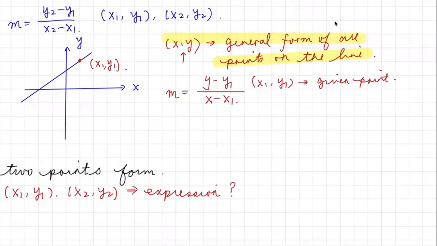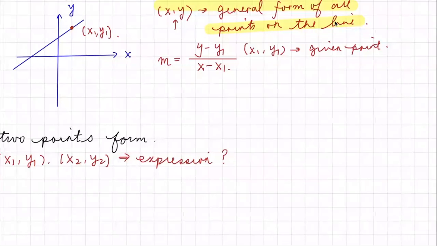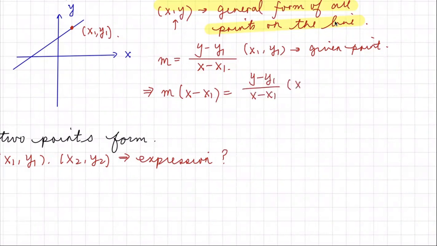And then we use some mathematical operation. We multiply x minus x1 on both sides of the equation. So this becomes m times x minus x1 is equal to y minus y1 over x minus x1 times x minus x1, right?